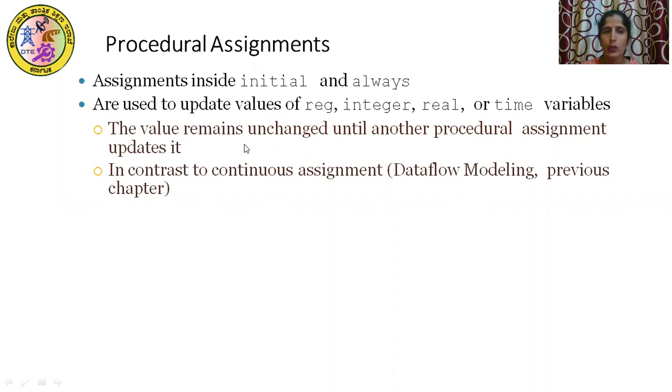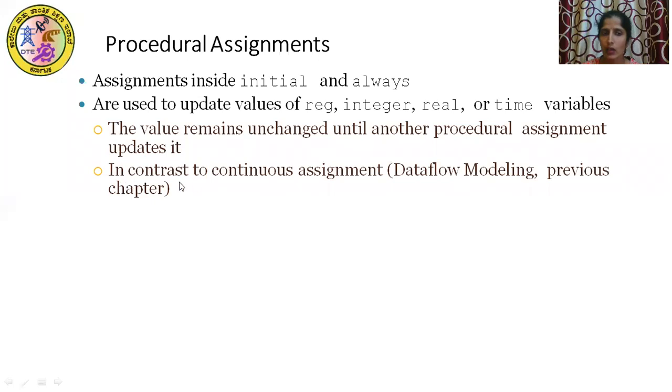Here, the value remains unchanged until another procedural assignment updates it.